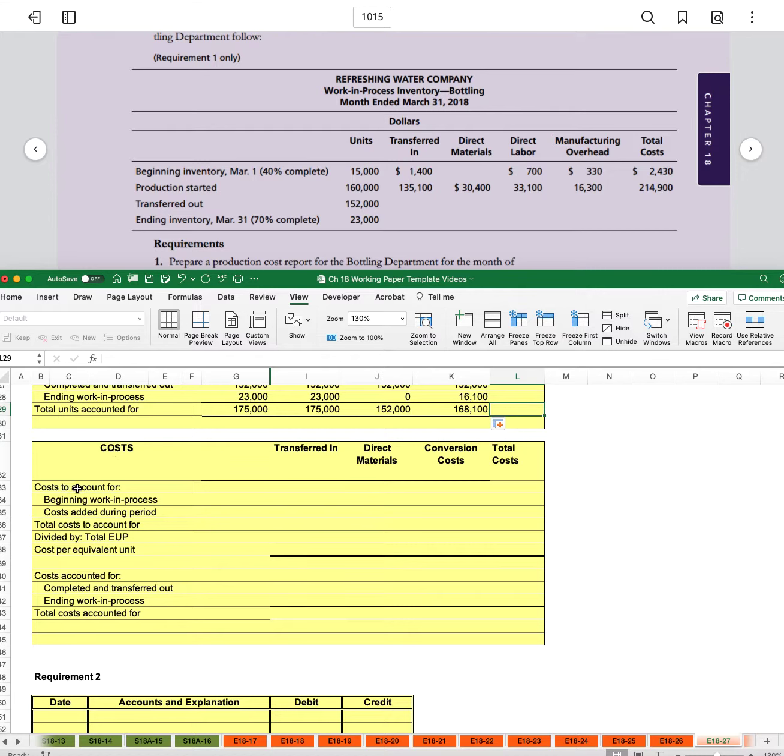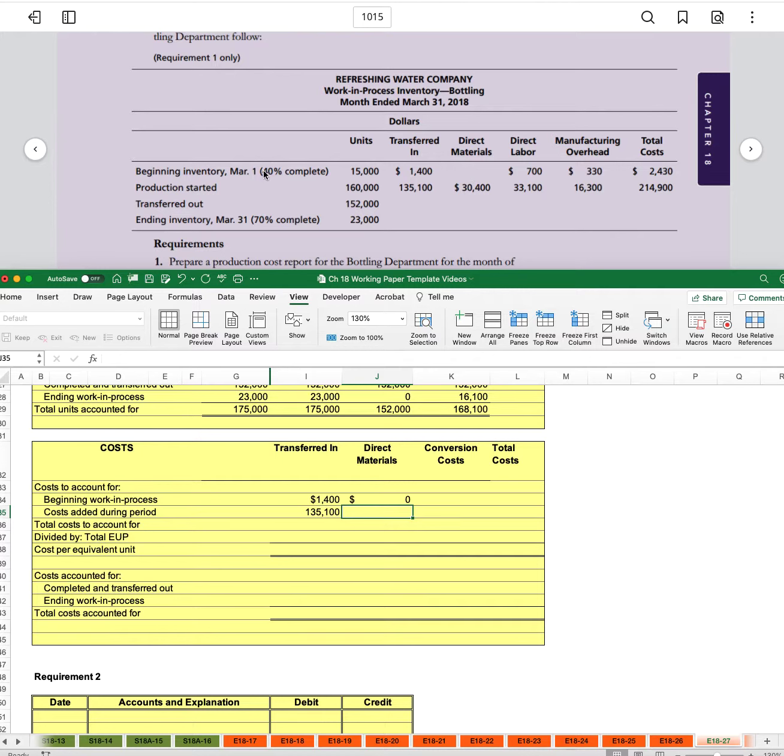And so cost to account for, beginning WIP was 1,400. Cost added during the period, 135,100. And let's just move across this row. So for direct materials, there was 0 for our beginning inventory, which, if we think about it, makes sense because materials are added at the end.